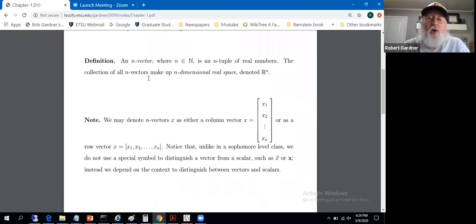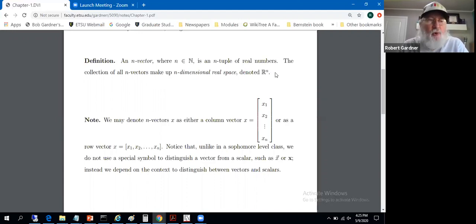The collection of all n vectors makes up n-dimensional real space, denoted Rn. Your sophomore level linear algebra class was probably largely devoted to Rn. You might have brushed on Cn, taking n tuples, n vectors, of complex numbers.